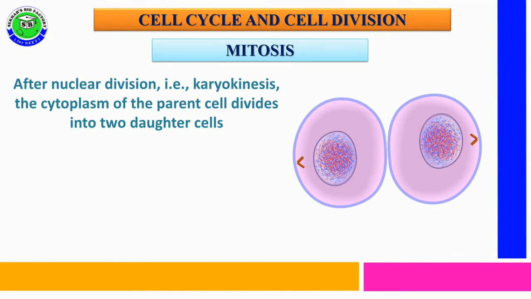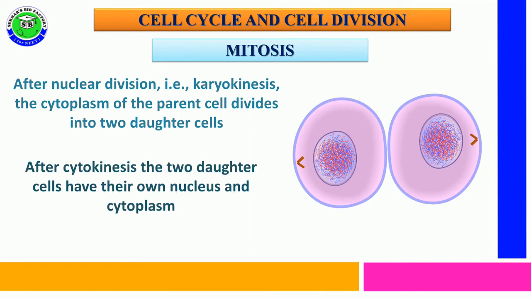After nuclear division, the cytoplasm of the parental cell finally divides into two identical daughter cells. After cytokinesis, the two daughter cells have their own nucleus and cytoplasm.